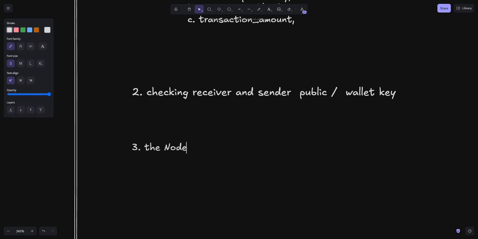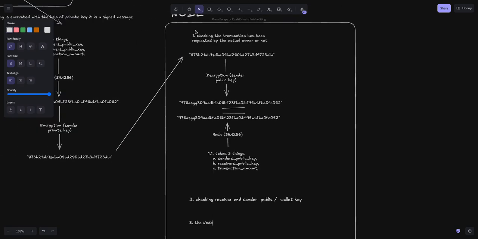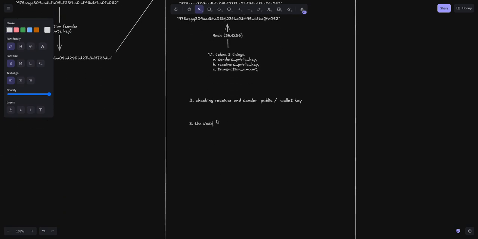The node, which is currently the machine we are inside, checks UTXO, a new jargon, which is unspent transaction outputs, or in simple words, unspent BTC.